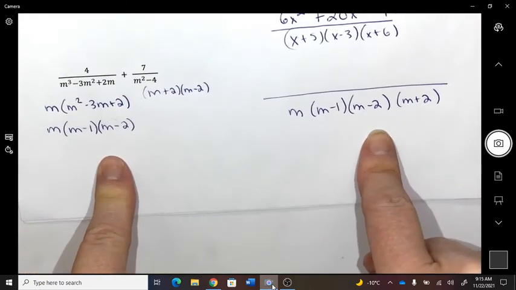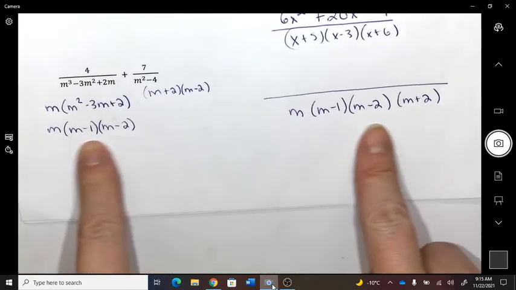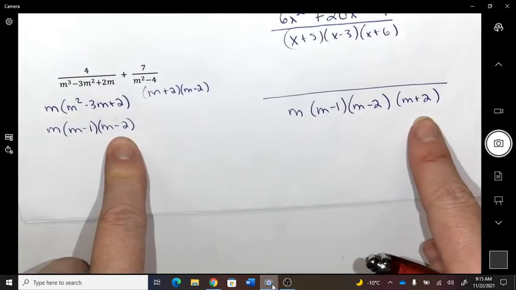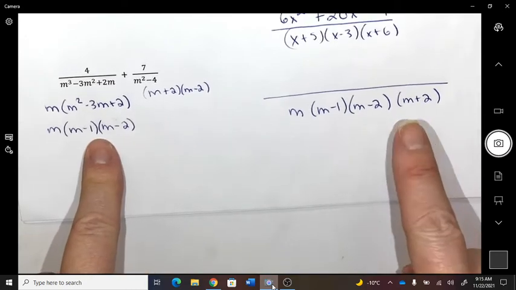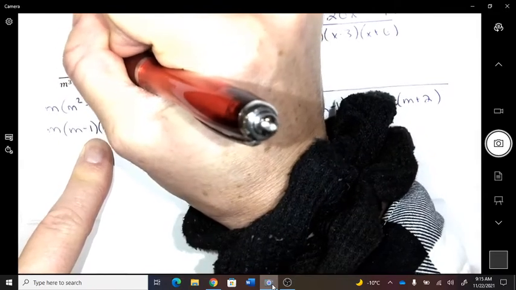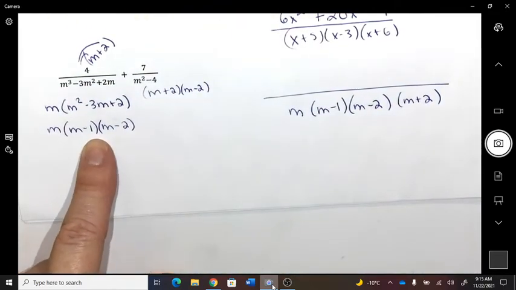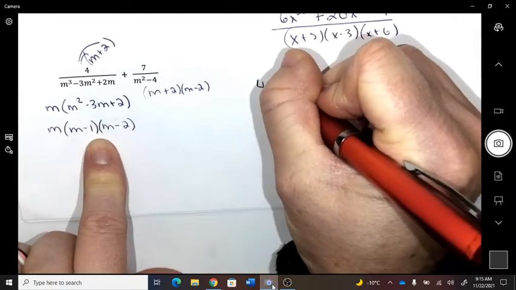What did you do to this bottom? What was missing? The M plus 2? From here to here, you multiplied by an m plus 2. So I multiply the top by m plus 2. Creating 4m plus 8.